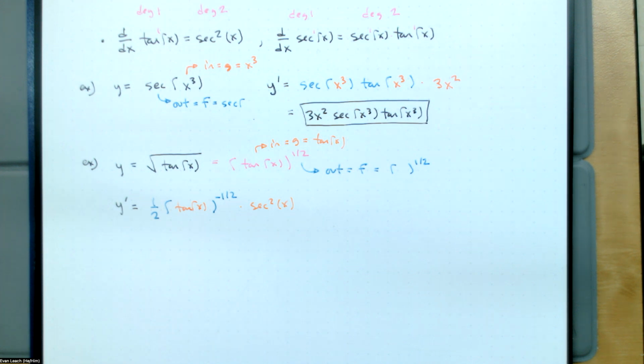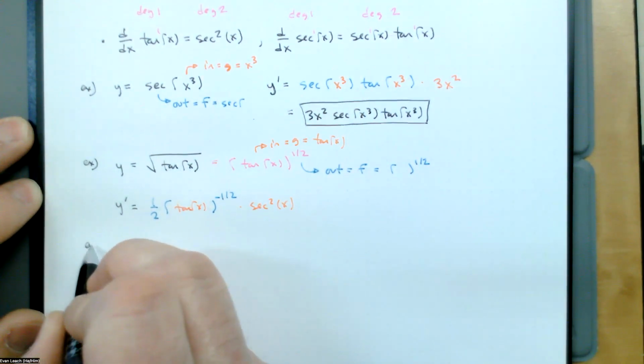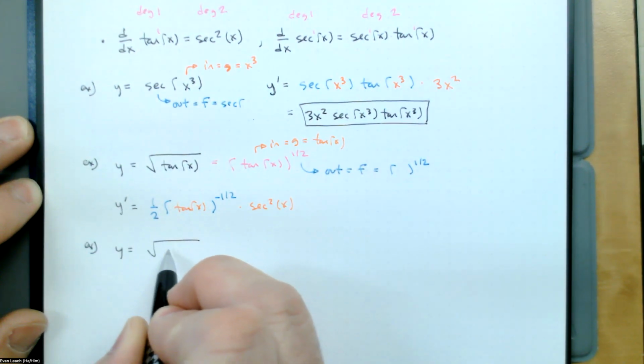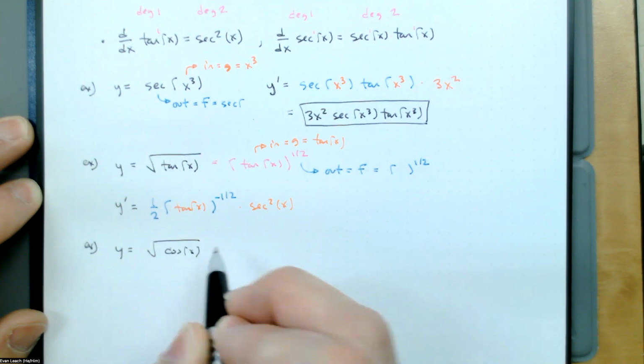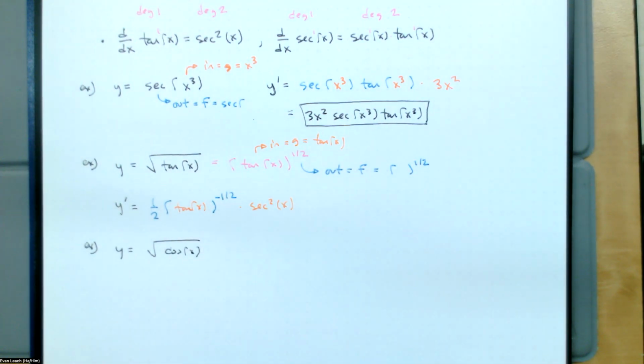This would look different if we had something different inside the square root, but we would still read the outside the same. So if, for example, I had y is equal to the square root of cosine x, I've changed the inside function, but my outside function is still the same.